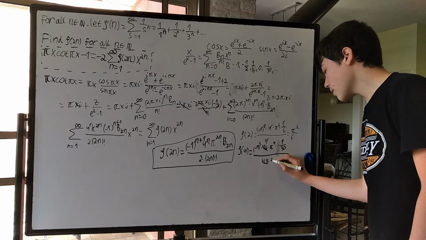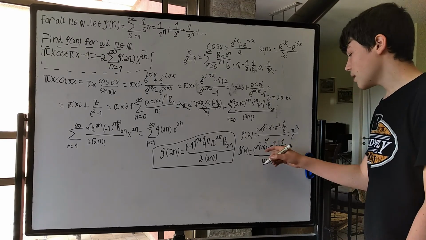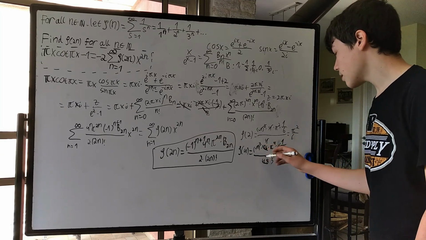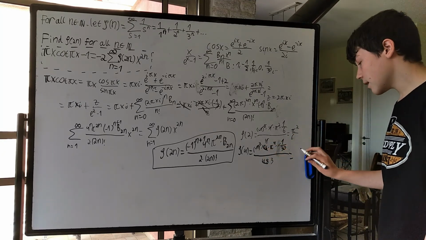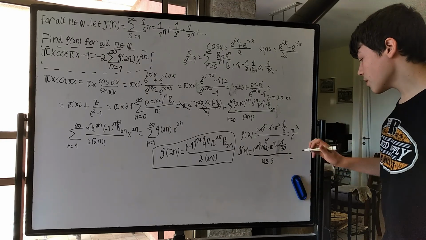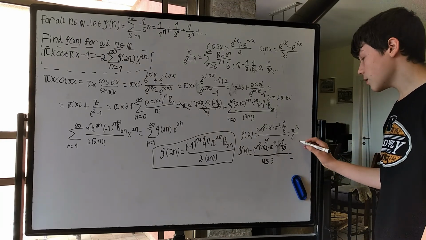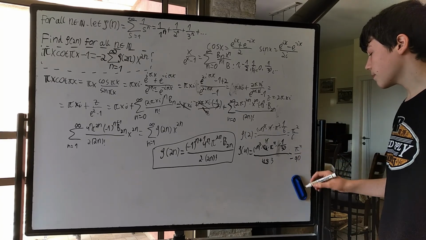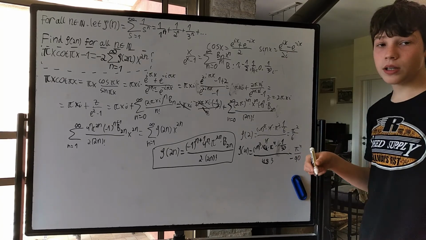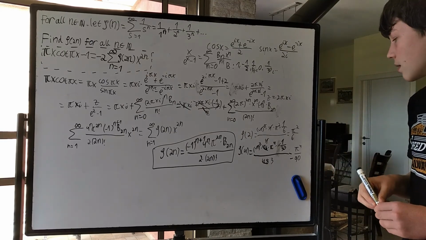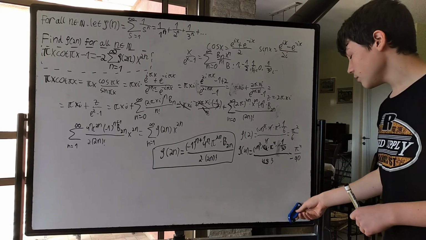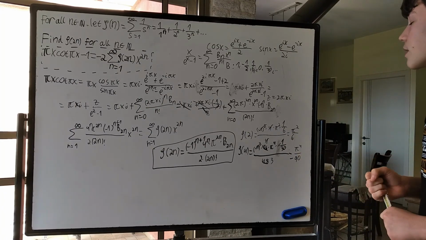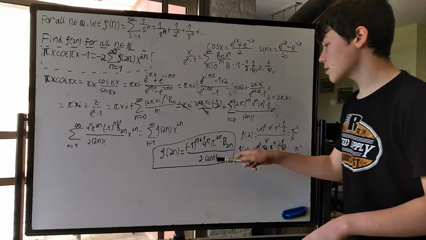This goes with this, and we have 3 left at the bottom. The negative 1 to the 3 is negative 1, which cancels with the minus 1 over 30. 30 goes to the denominator, and we'll have pi to the 4 over 90. And if you continue on, you get these infinite sums, and this is the solution.